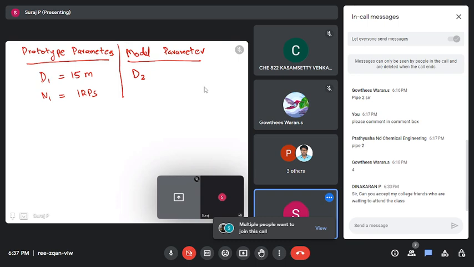So can you please tell what is the value of N2? If someone has calculated the value of N2, you can write in the comment box.